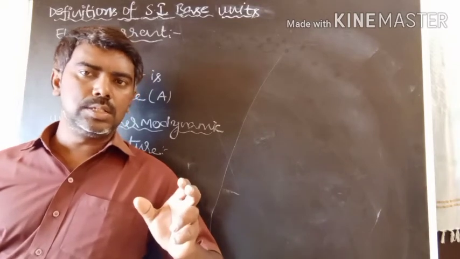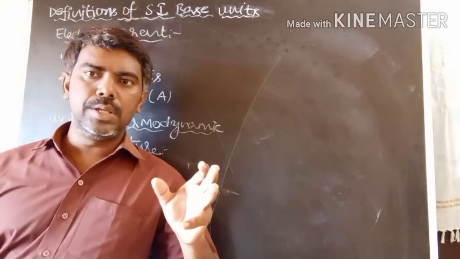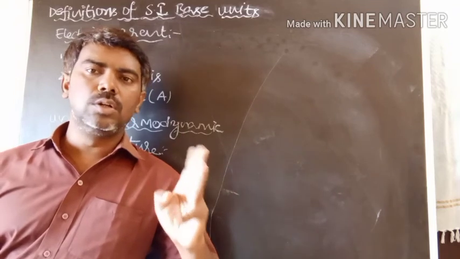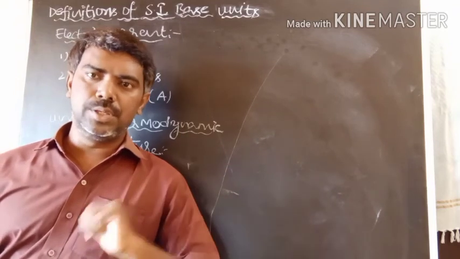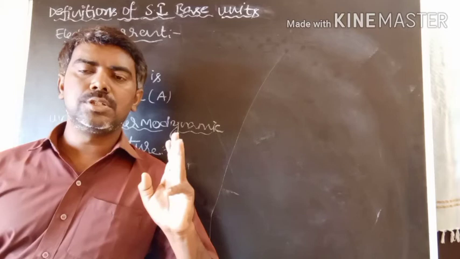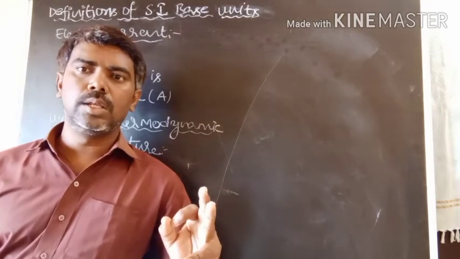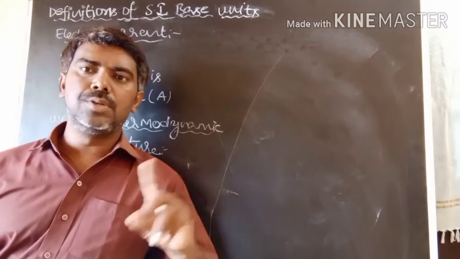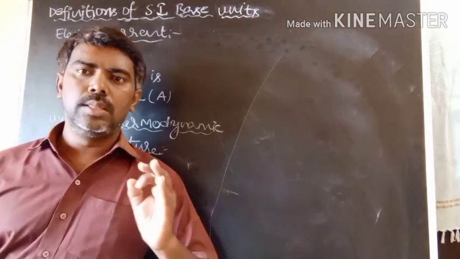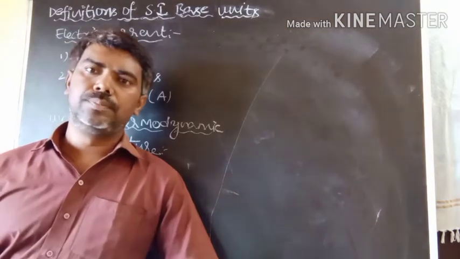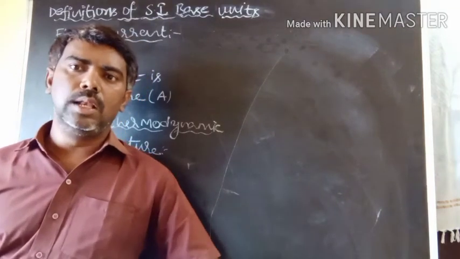Triple point of water is the particular temperature at which the three phases of water coexist. When it is a fraction of 1 by 273.15, then it is called a Kelvin.